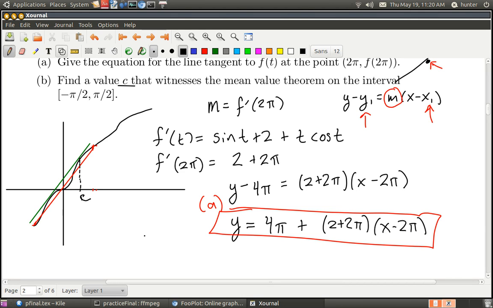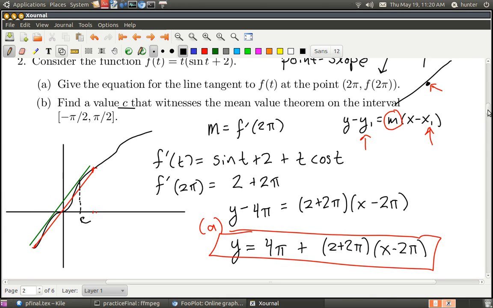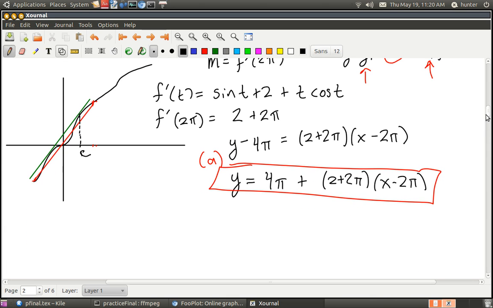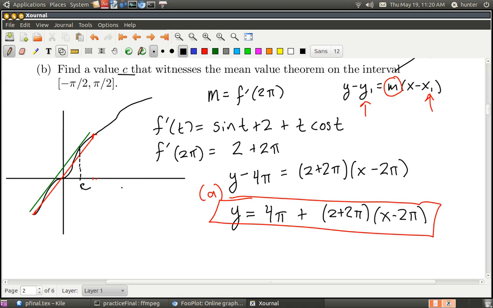Alright, so what are we going to do? We need to, first of all, find the slope of this red line, right? We can't solve for the slope of f prime. What we want to solve is f prime of c equals m, and we can't solve that unless we know what m is. So what is m?